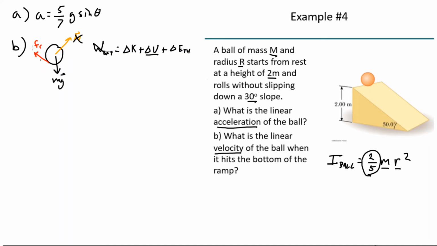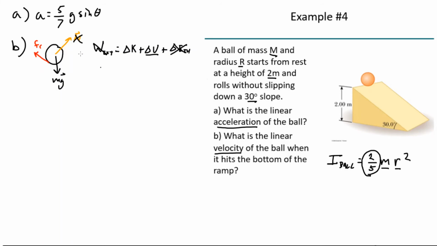The point where the static friction force acts on the ball is that point of contact is always stationary. So the static friction force isn't actually pushing the ball, and it also doesn't contribute any thermal energy, because only kinetic friction contributes thermal energy. It's the rubbing, the slipping, that causes thermal energy to increase, not just any static friction force. So we can just say that mechanical energy is conserved.